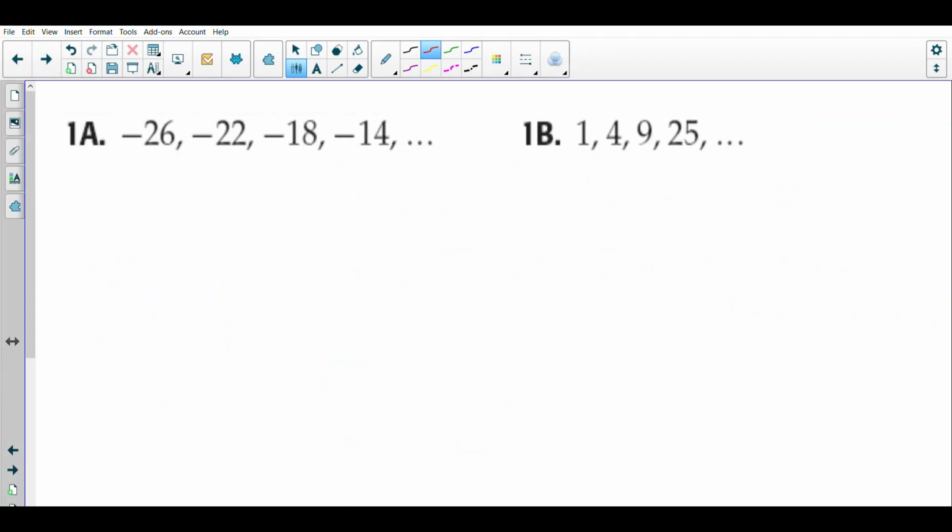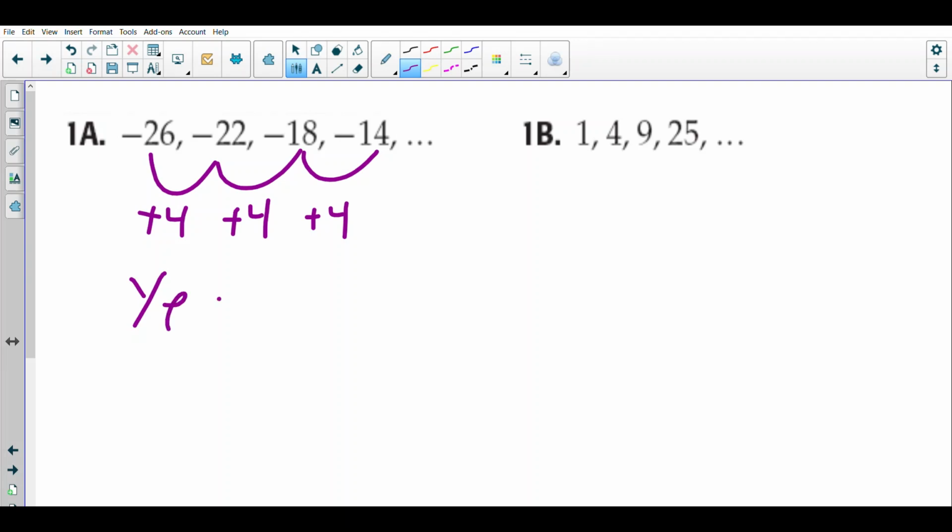So let's look at a couple more. Negative 26, negative 22, negative 18, negative 14. As we go, we have plus 4, plus 4, plus 4. So it seems that yes, it is, because the common difference is equal to 4.